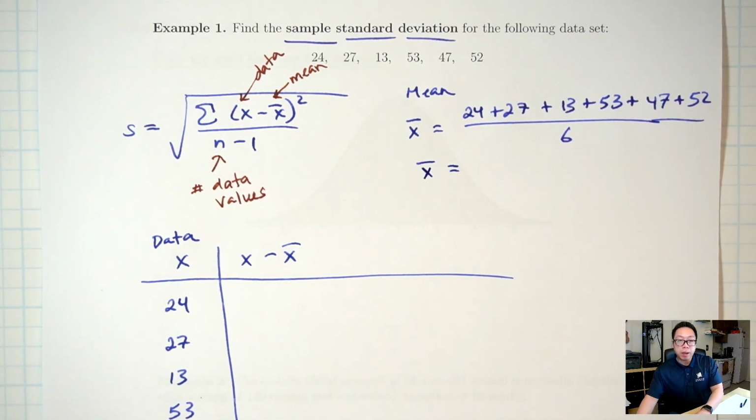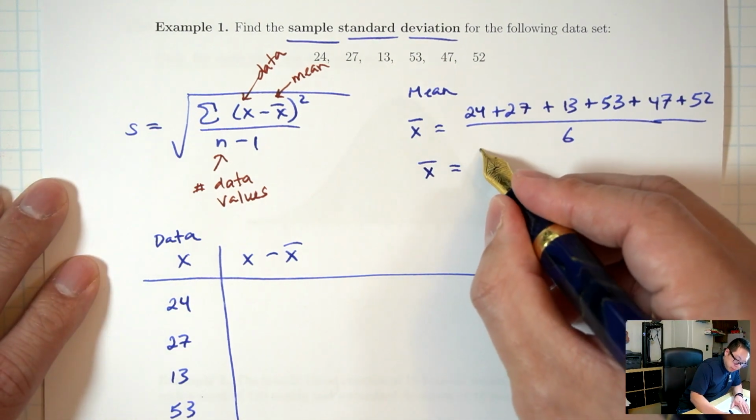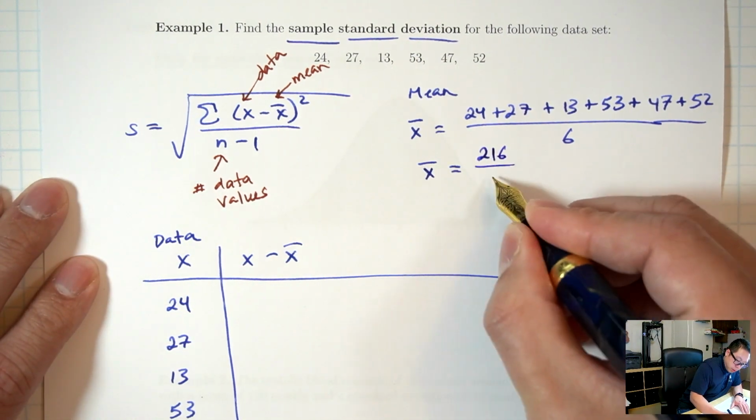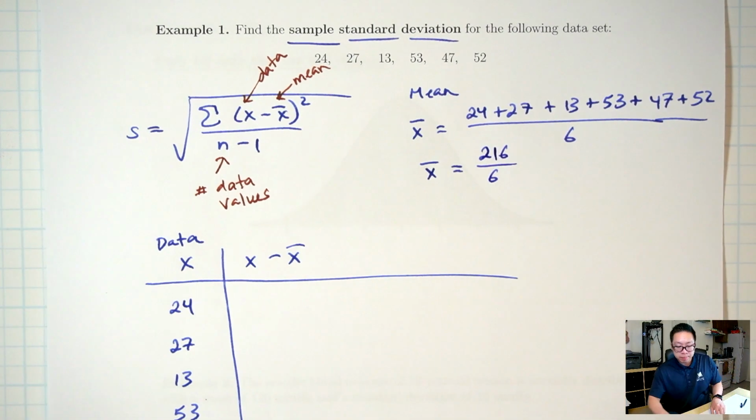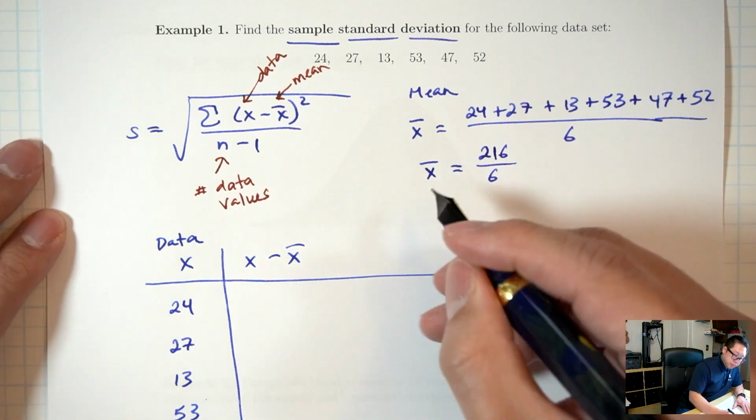All right, so up top, 24 plus 27 plus 13 plus 53 plus 47 plus 52. That's 216. 216 divided by 6, and it's 36.